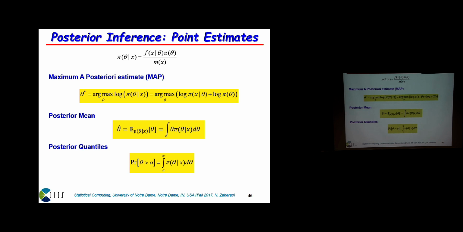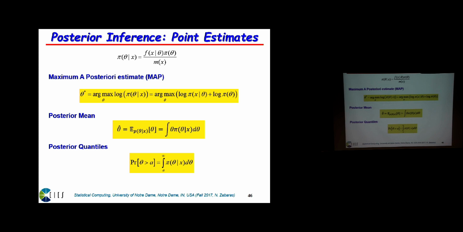Now, lots of people use the MAP estimate, and some machine learning books prefer to work only with it, with no statistics or anything else, because it's good for what they do. Often it's the wrong measure of the posterior, and we will do examples throughout the semester.